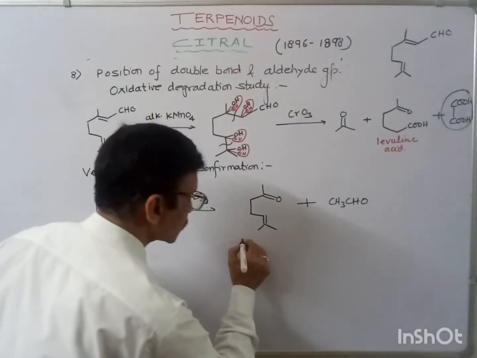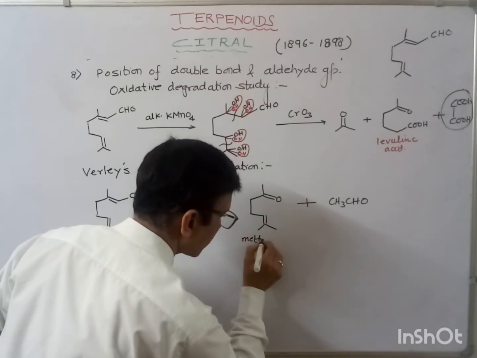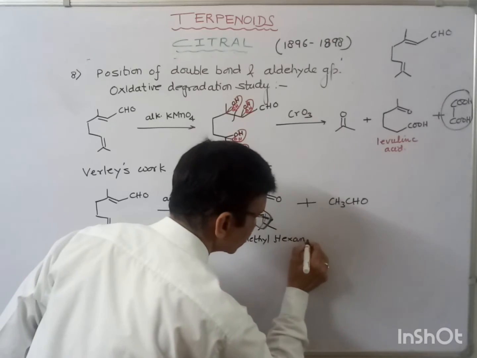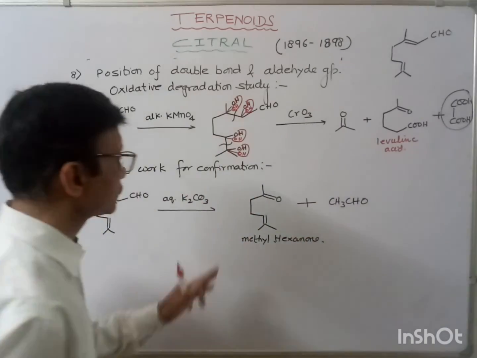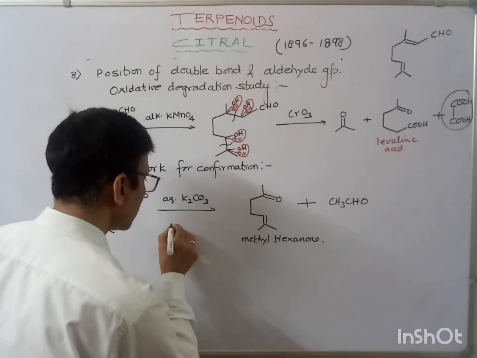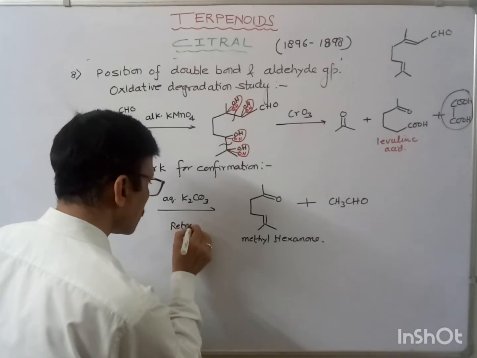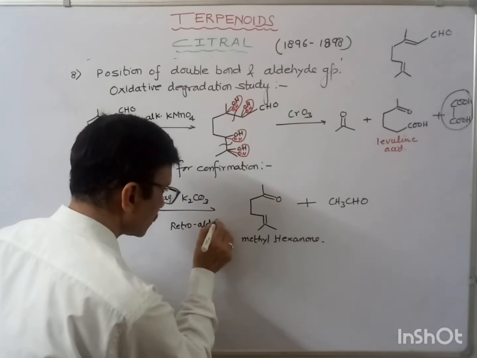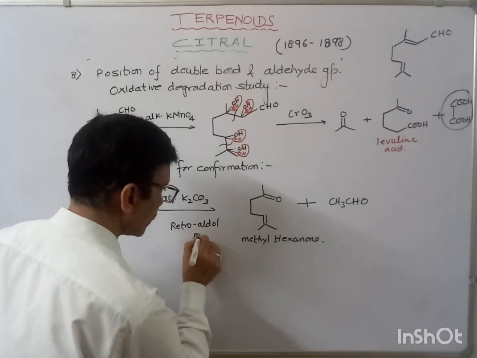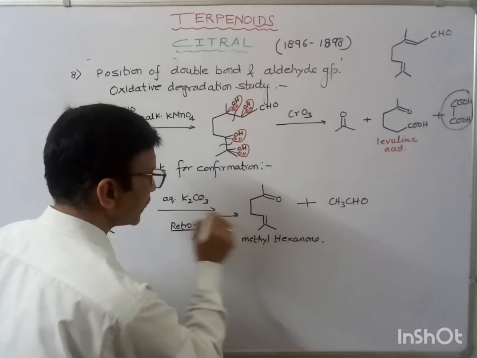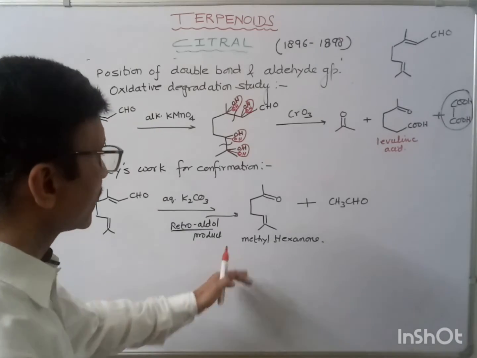So methylhexanone and acetaldehyde were formed, and these products are the retroaldol products. This reaction is the retroaldol reaction. How can we see it?